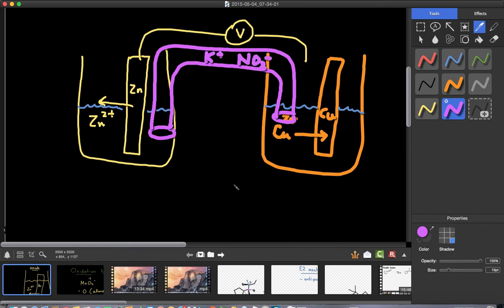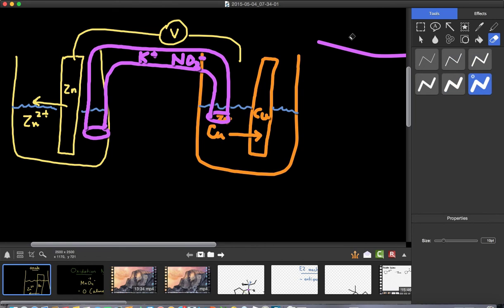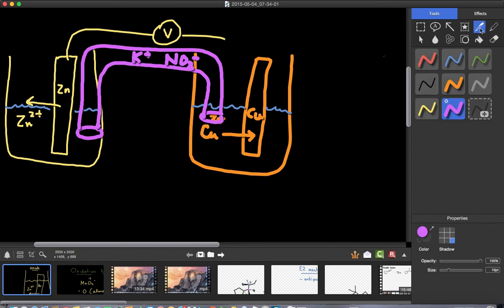You should very quickly realize that unless we have a mechanism to prevent the building up of charge, which would immediately prevent a current from continuing to flow in the circuit, and it's the flow of electricity that's really relevant in electrochemistry. Either we are going to use a spontaneous reaction to produce a current, or we're going to use a current to make a normally non-spontaneous reaction become spontaneous.